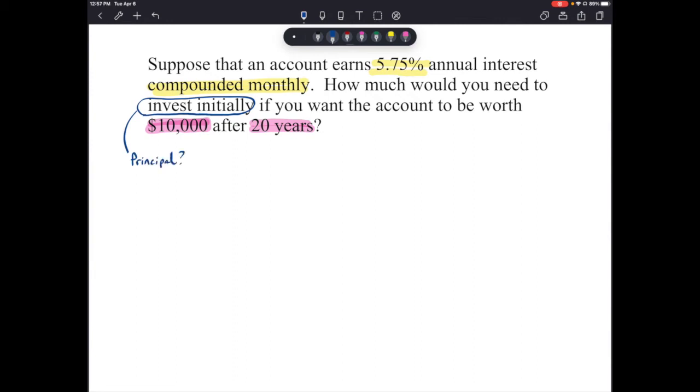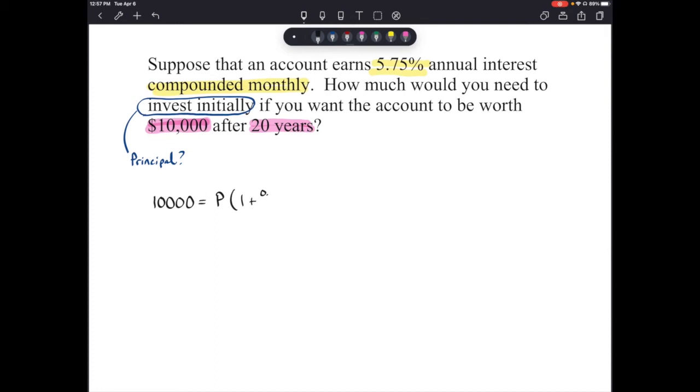We don't know what the principal is, but we can still use that formula to help us solve this. So we know our new amount we want to be $10,000. We don't know exactly what we're going to invest yet. But we know that when we do, we're going to have an interest rate of 5.75%.